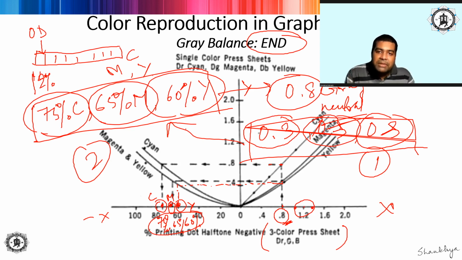If we maintain the same dot percentages of cyan, magenta, yellow, the densities for the green and blue filters, that means the densities for the magenta and yellow dots, will definitely be higher than the density obtained from the cyan dot of the same dot percentage area, isn't it?